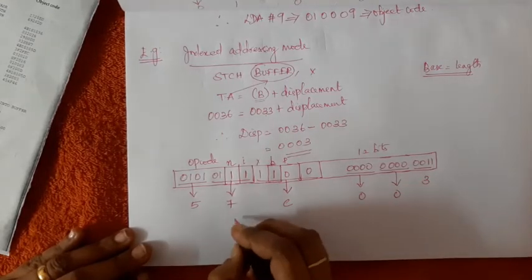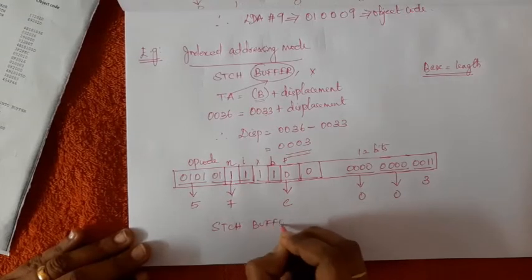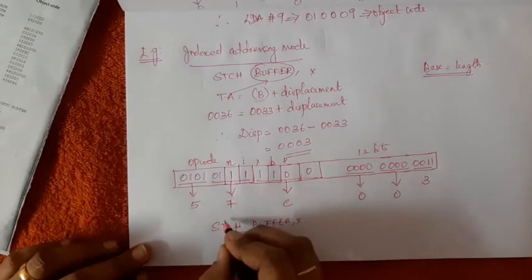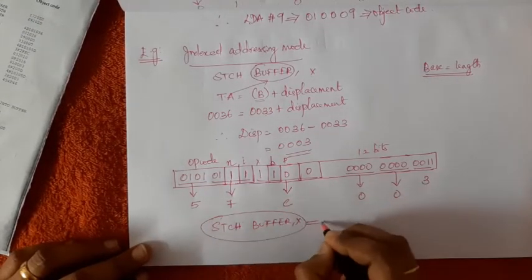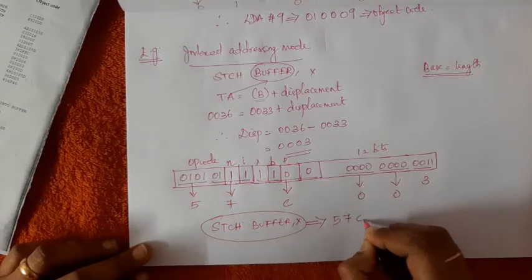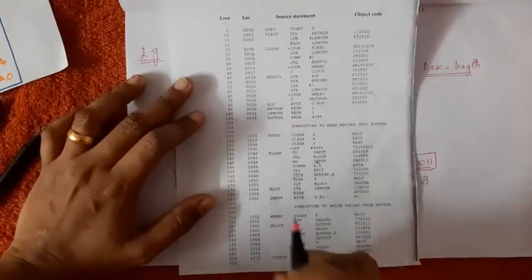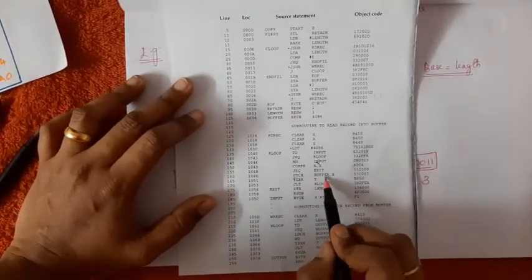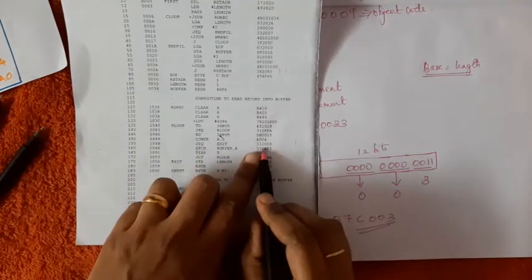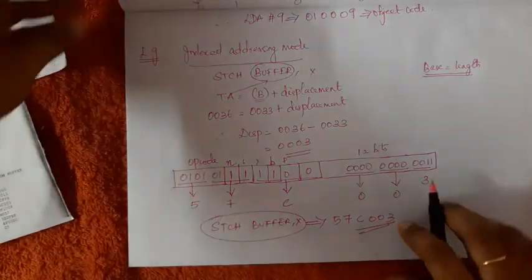Now for STCH BUFFER,X, the object code generated by the assembler is 57C003. We'll check with the source statement along with the object code: STCH BUFFER,X, 57C003.